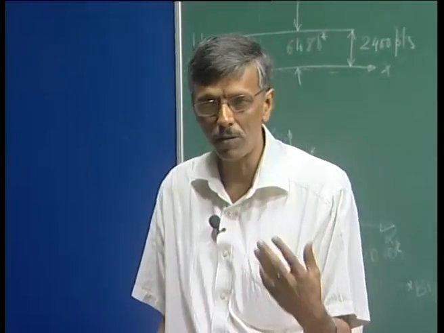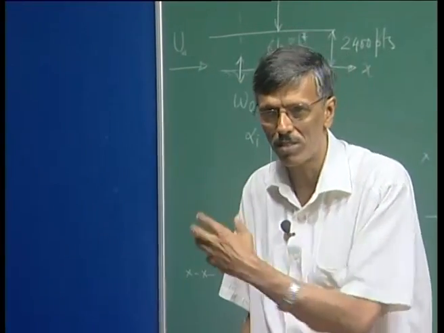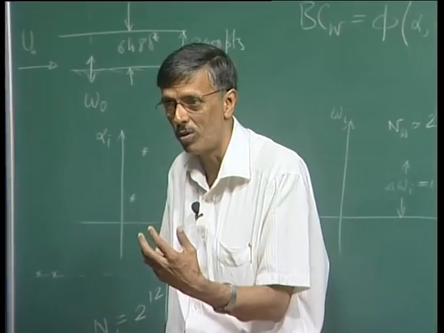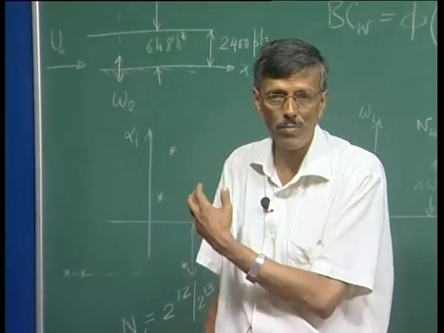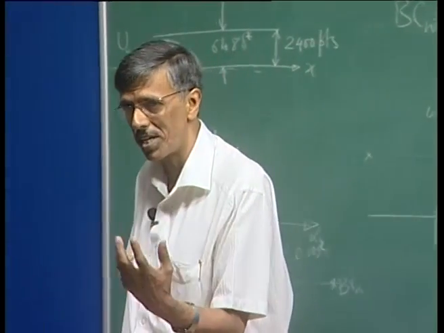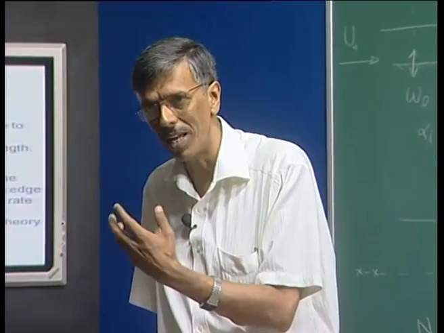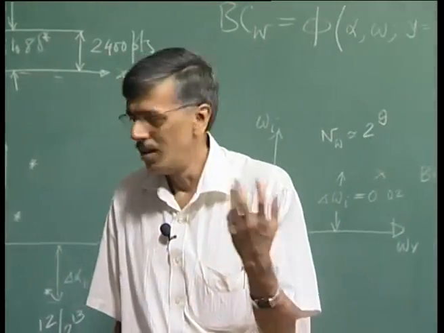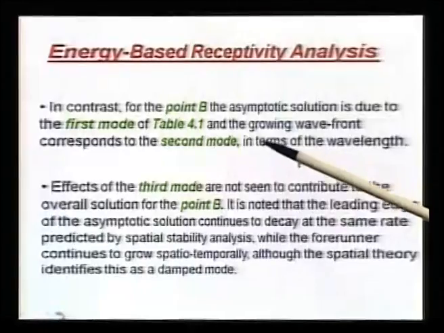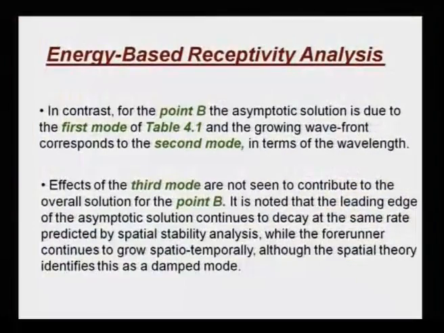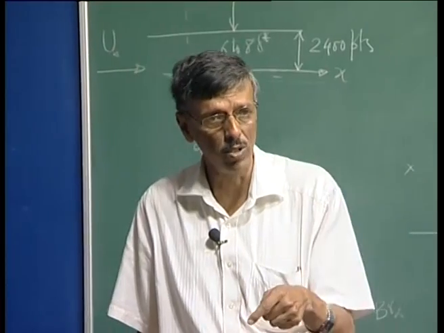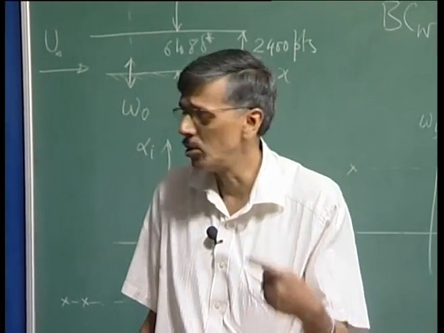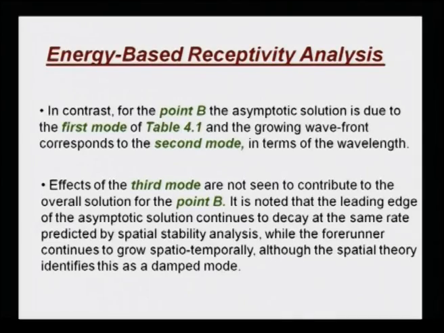But please do not think that it would always belong to one of the modes, because we have seen qualitatively the forerunner of A and B look similar. So, it is not necessary that the forerunner is associated with any particular eigenmode per se. It could be something more. Effect of the third mode is not seen at all for the point B.